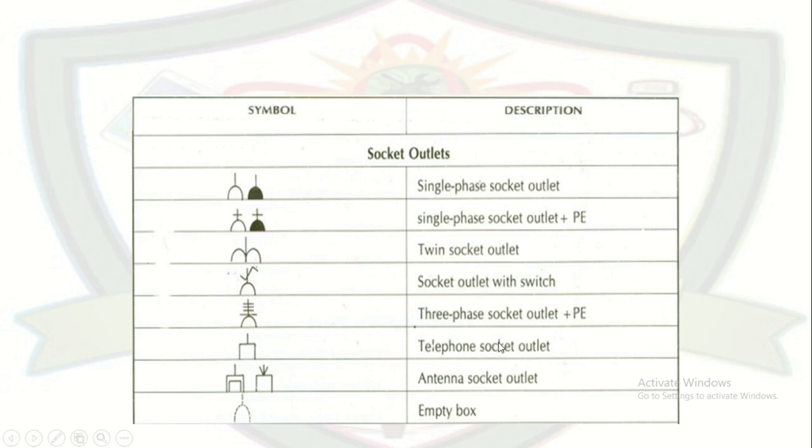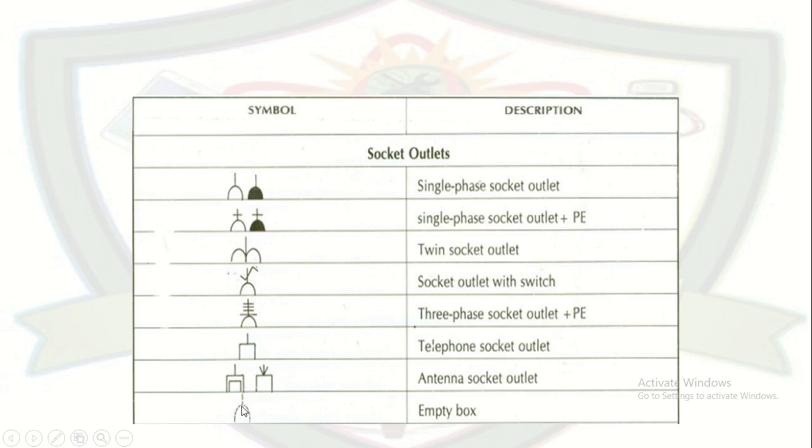The other one is telephone socket outlet. The other one is antenna socket outlet. This is MPT box. This is used for the owner. As your interest, you can install on this.